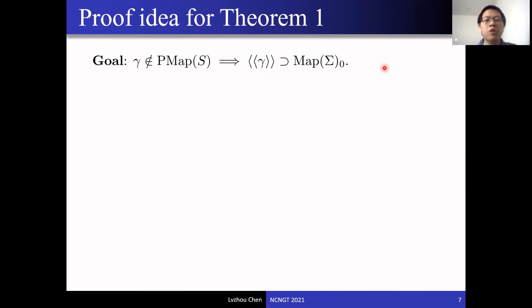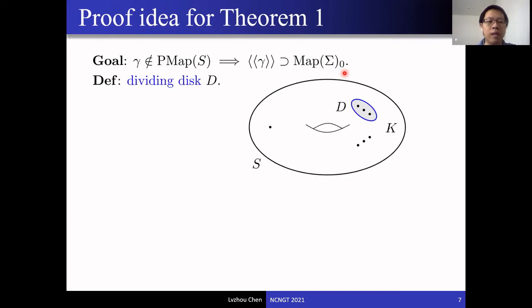And our proof actually gives a better way to understand this kernel. We actually give a nice generating set. To describe the generating set, I need to introduce the notion of a dividing disk. Here, actually, we only consider the case where the surface S has one puncture. The closed case can be easily deduced from there.